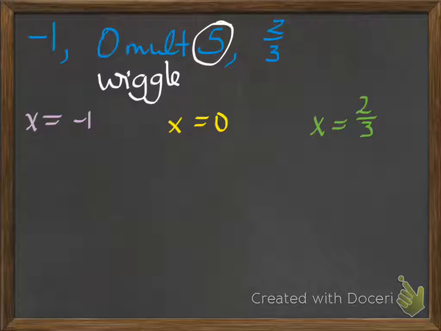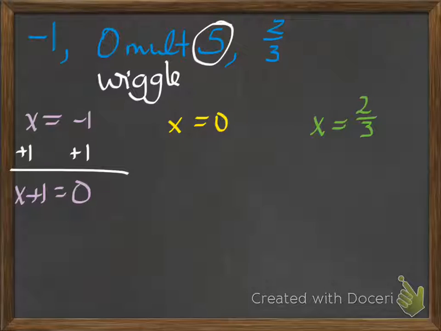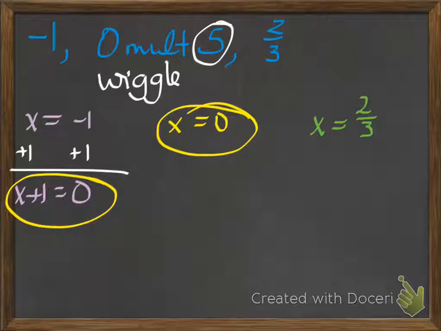What do we need to do next? Everything on the same side as the x. So that's going to give us x plus 1 equals 0. This one's already done for us, isn't it? Okay, so we have those two done.